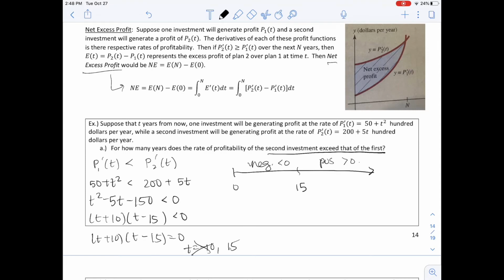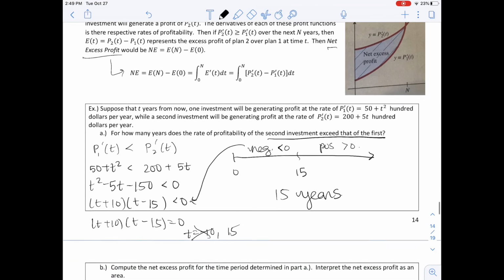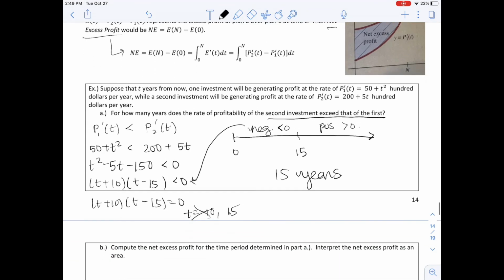And so this is where the second investment exceeds the first, which is where it was less than 0, as asked for down here. So it would be for the first 15 years, and then after that it switches, and the first investment becomes more profitable.